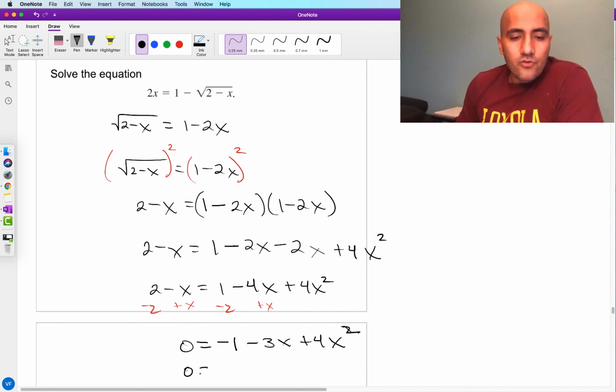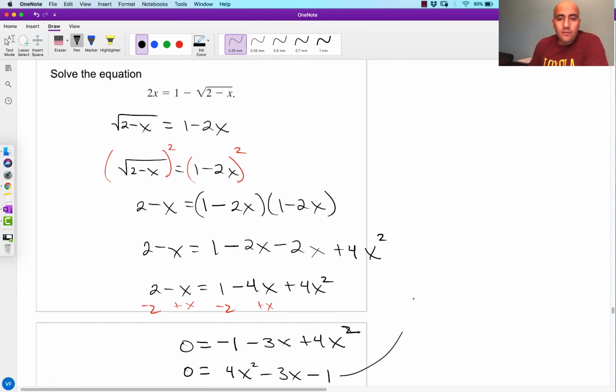If I now just move those things around a little bit, I'll flip it around and say it's 4x squared minus 3x minus 1 equals 0. So now let's factor that guy.